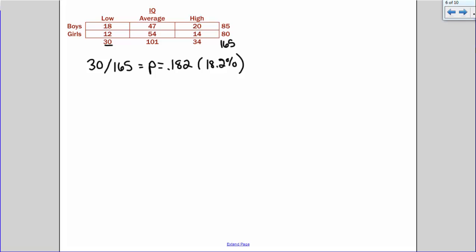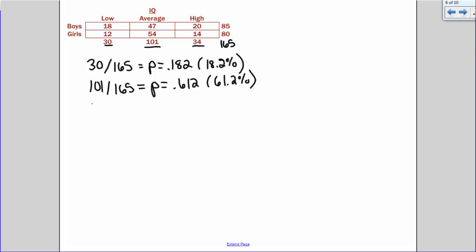Let's figure out all these proportions. For the average IQ, 101 divided by 165 gives us a proportion of 0.612, or 61.2%. So 61.2% of our sample has an average IQ, and we would expect that to be equally distributed across boys and girls. So 61.2% of those 85 boys would have an average IQ, and 61.2% of those 80 girls would have an average IQ.